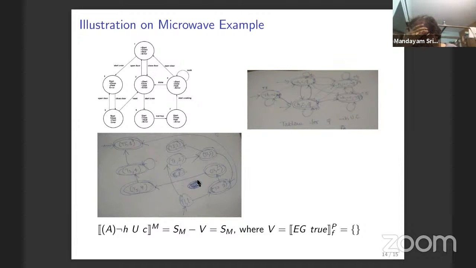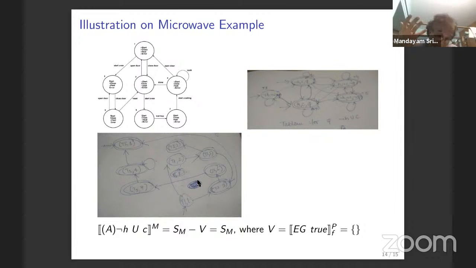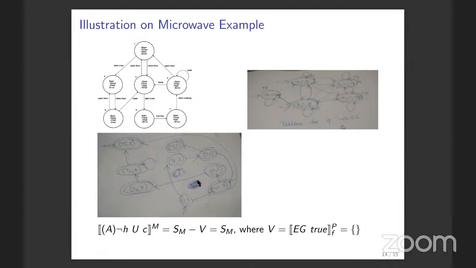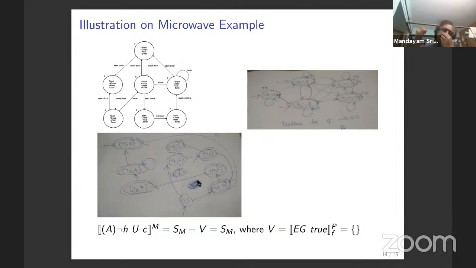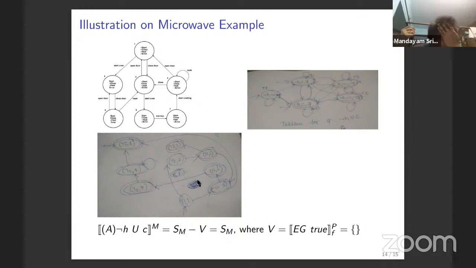And you're crossing that with S, I mean, the size of M. I'm just talking about the worst case complexity.